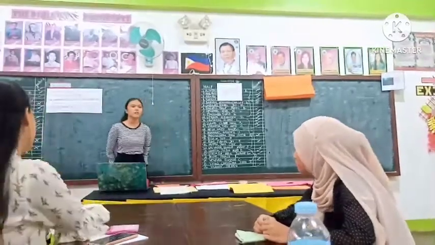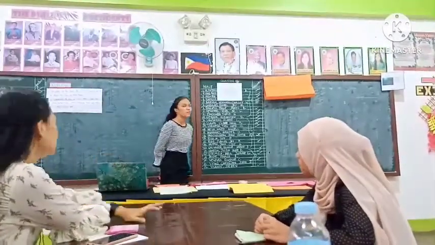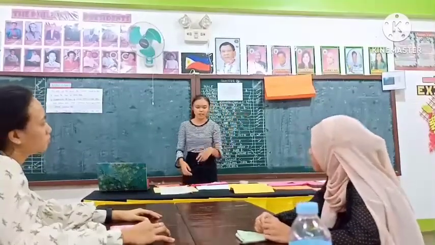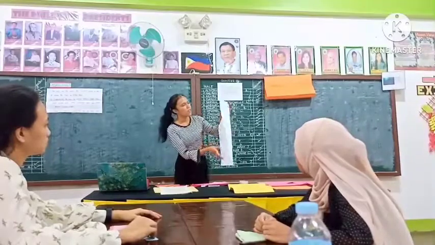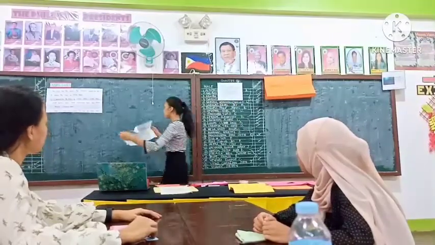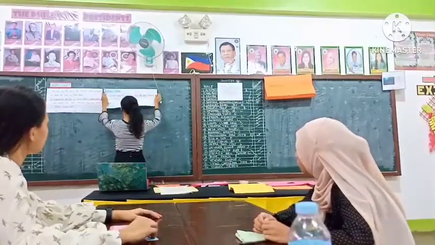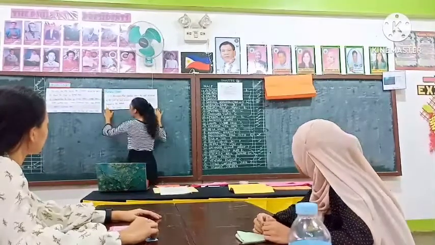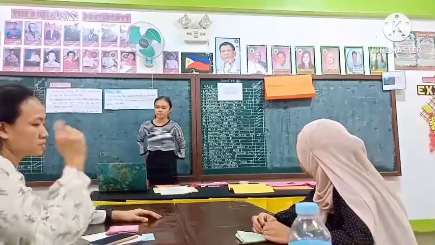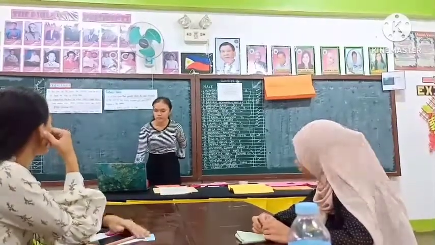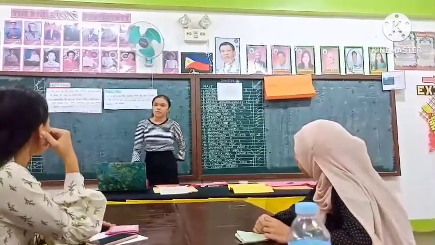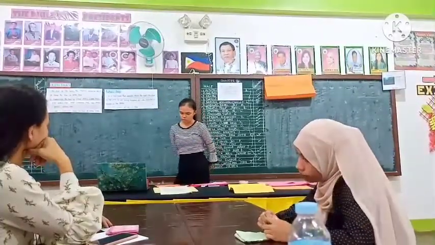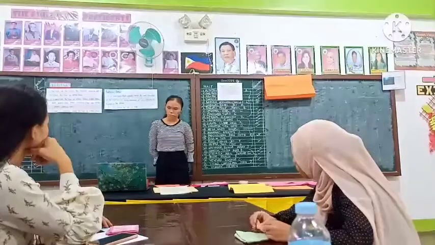Okay, very good. So, do you have any idea what is future tense? Anyone? No? Okay, let's find out. Okay, future tense. Nashella, please read. Future tense is a verb form that generally marks the event described by the verb as not having happened yet, but expected to happen in the future.